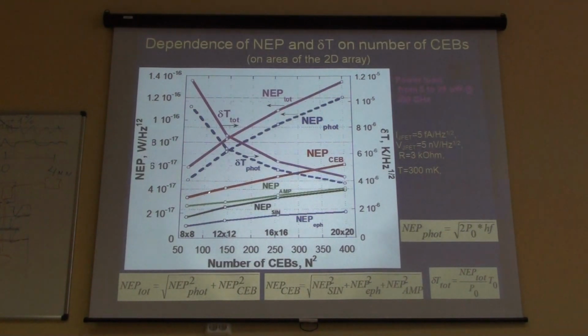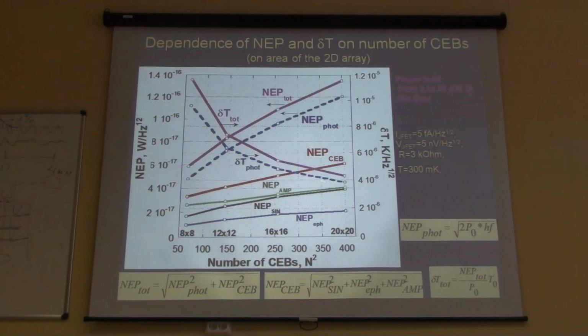And on this way, we practically don't have an increase of amplifier noise. It's a small change only due to the change of bias point. The bias point should be changed because we should do matching of the bolometer and proper differential resistance. So it's some small tuning. If you don't have this tuning, it would be the same amplifier noise, but it's a little bit changeable.